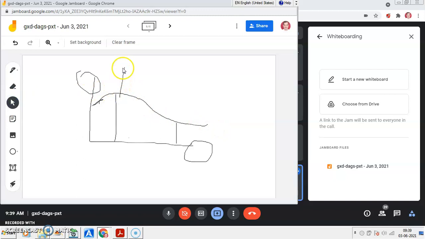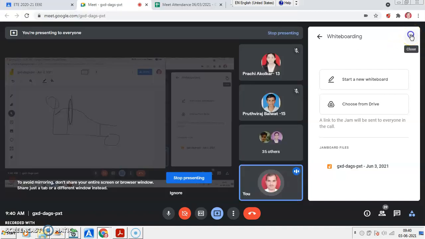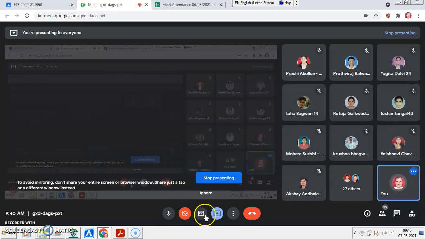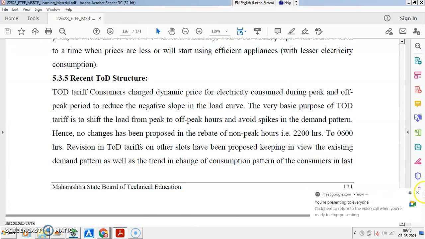Particularly here, you have to suppress this particular section, and you can shift this load to the off-peak period. That is the only reason, or what we can say, the peak shifting or valley filling. You can do this by using your load curve, especially the TOD tariff.